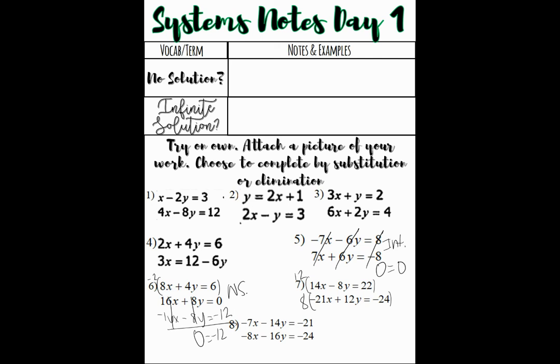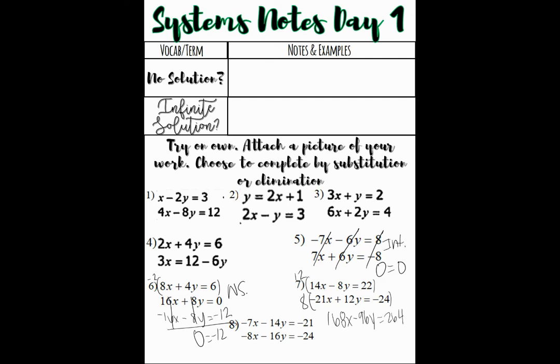So 12 times 14 gives me 168x, a big number. 12 times 8, I did that already, but let's see again, is -96y, and 22 times 12 gives me 264.